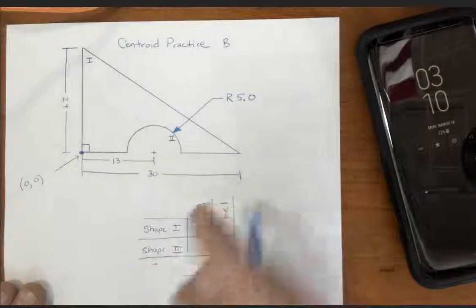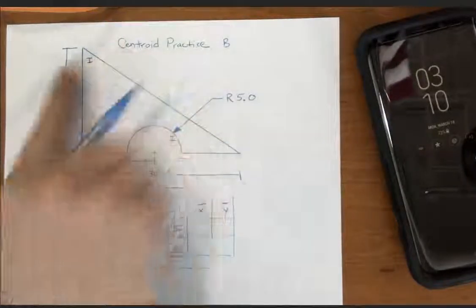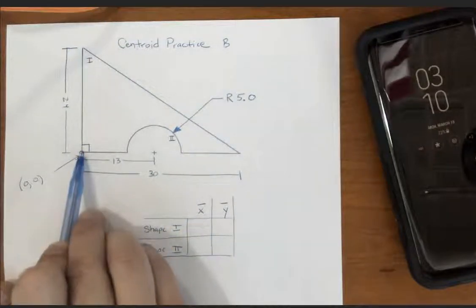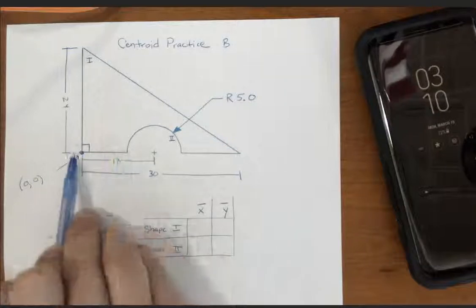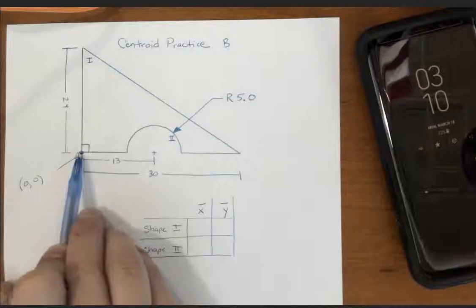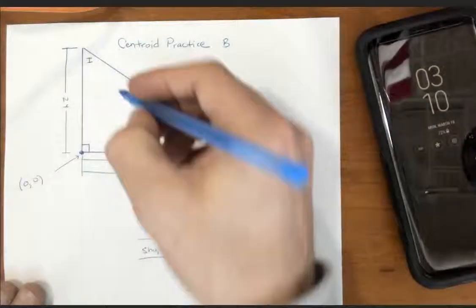Alright, so for region 1, the right triangle, we're going to ignore the rest and just focus only on the triangle. To find the centroid of a right triangle, from the right angle, you go 1/3 of the length along each leg. This leg is 30 units long, so 1/3 of 30 is 10. So I would come over this way 10 units.